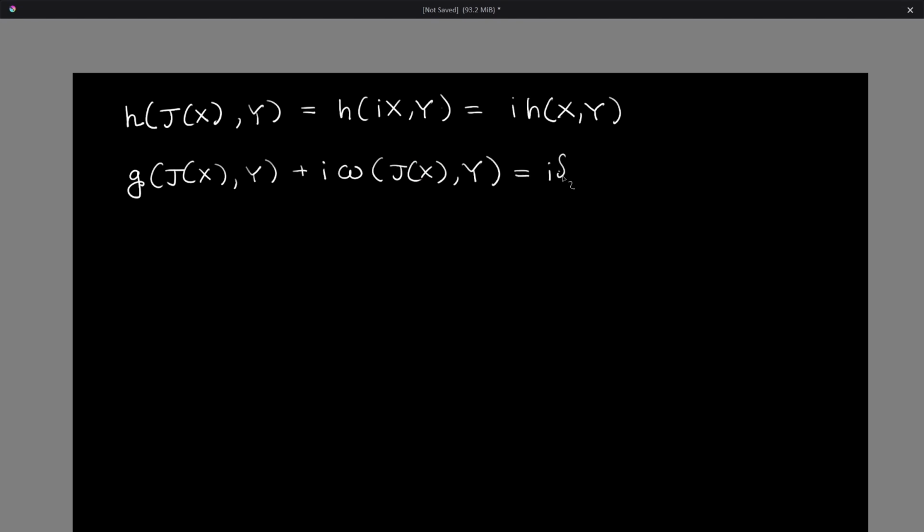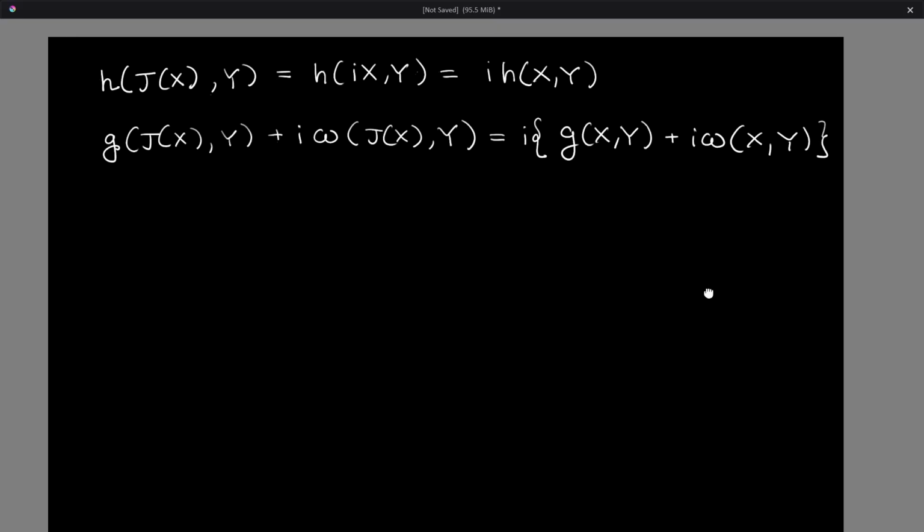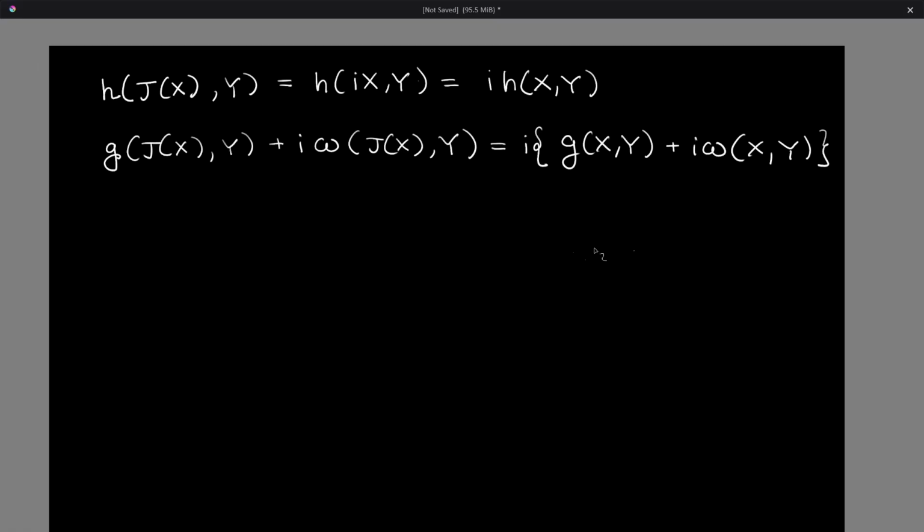Then that's equal to i times g of xy plus i omega xy. If we multiply out, then we get i of g xy minus omega xy. Okay, let me not get ahead of myself.